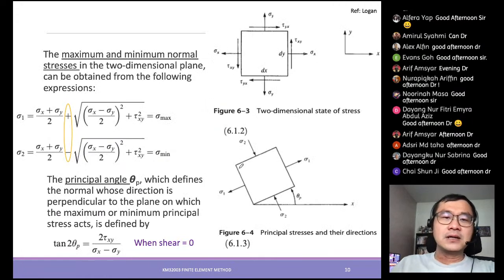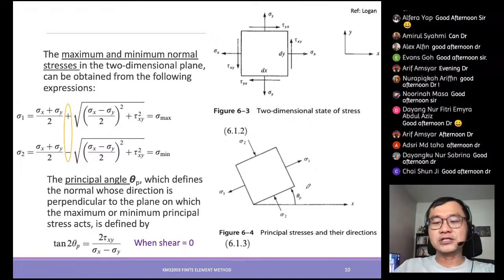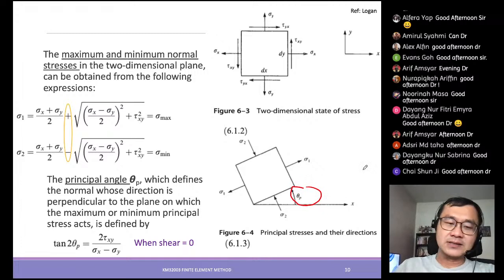On top of that, from the two-dimensional state of stress, there is a principal angle where the principal stress is the highest, and on the other side, the principal stress is minimum. At this principal angle, the shear equals 0.